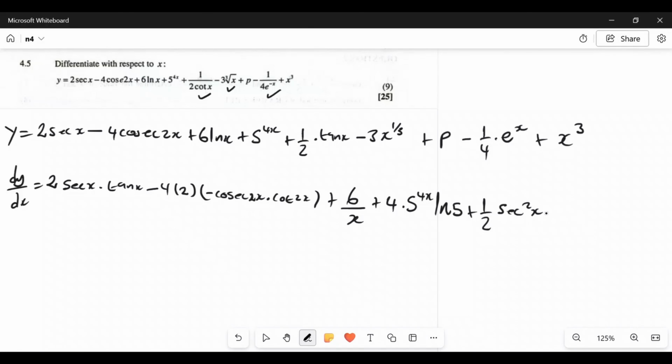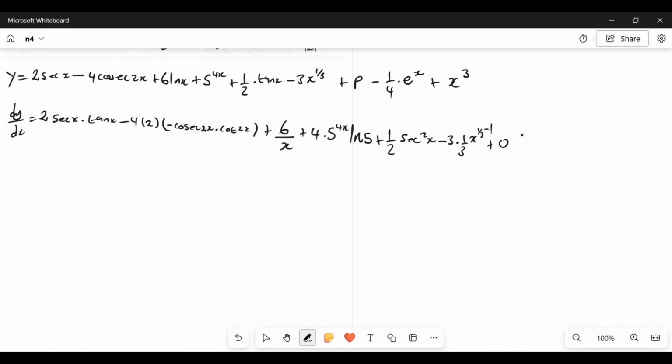And then we move to this term here, negative 3 x to the power of 1 over 3. Now the coefficient is negative 3, and then we have to multiply by 1 over 3. Remember, this is the standard differentiation. Multiply by x to the power of 1 over 3 minus 1. There we go. And when we move to the seventh term, p is a constant, so this is going to be 0. Right, let me just zoom down so that we can create space in order for us to finish this.